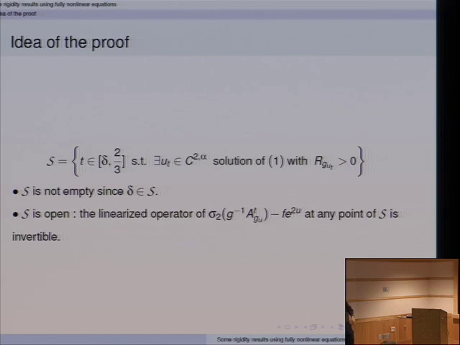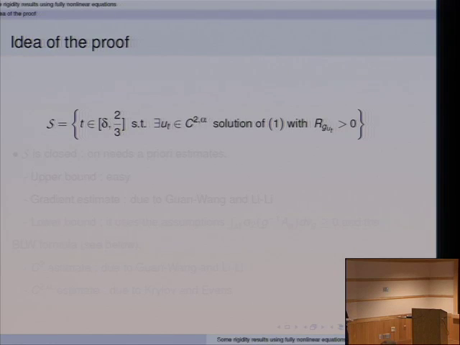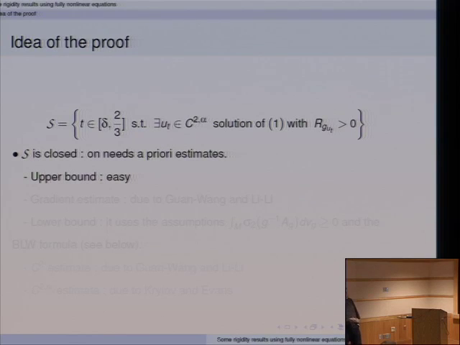You compute the linearization of the equation, and you can show that it's invertible. So you actually want to prove that S is equal to the interval delta to 2/3. So what you are going to prove is that the set S is open and closed.